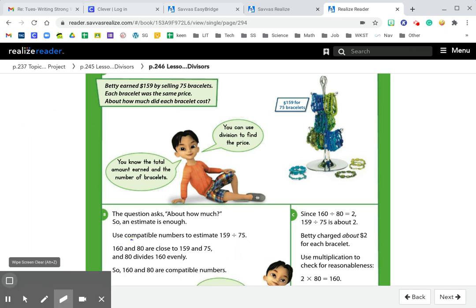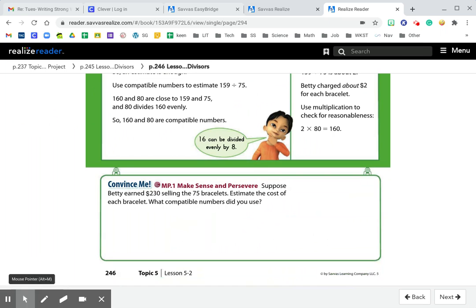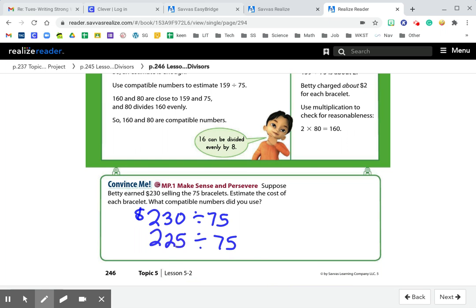So these are compatible numbers, and that will help us get to our answer of a 2 quickly. So that's rounding with really using your 5th grade brain. Suppose Betty earned $230 selling 75 bracelets. Estimate the cost of each bracelet. Again, we can keep the divisor and change the dividend to a multiple of 75.